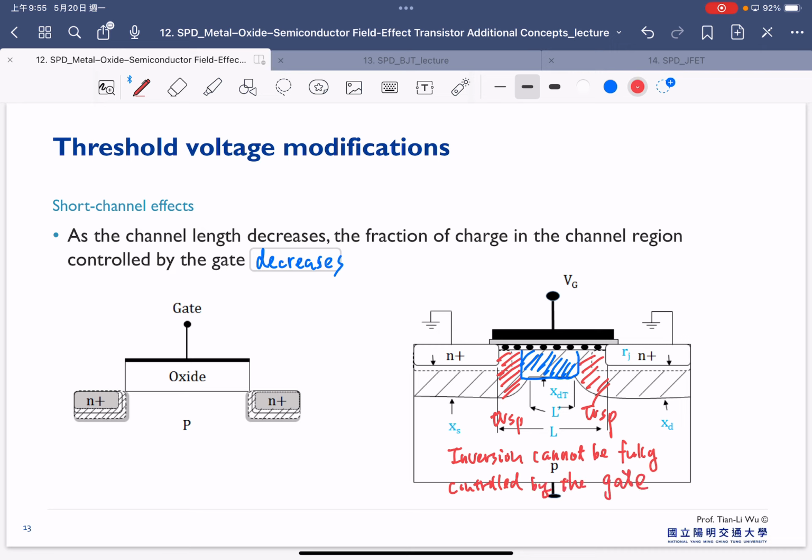You can assume, for example, that you have a 1 micrometer channel, and 2/3 is dominated by the depletion width, and only 1/3 micrometer can be controlled by the gate here, and therefore we will start to suffer from the short channel effect.